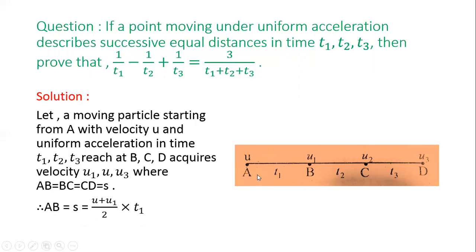For the first part, AB equal to s, where s equal to V t, where V is average velocity. Here average velocity is (u plus u1) by 2 into t1, which is time. If we divide this equation by t1, then we get s by t1 equal to half into (u plus u1), which is equation number 1.